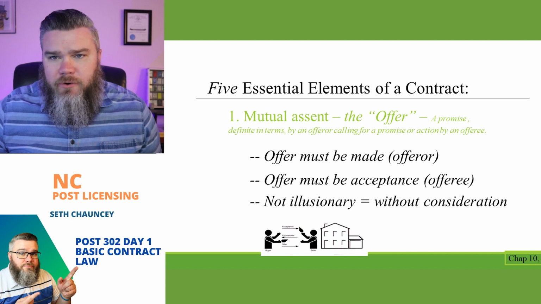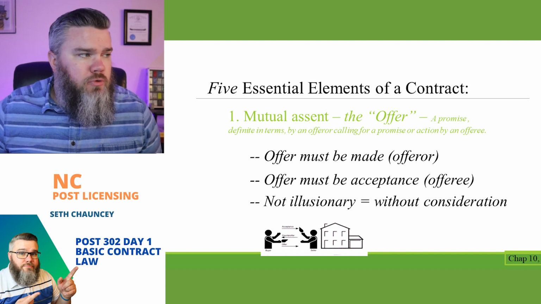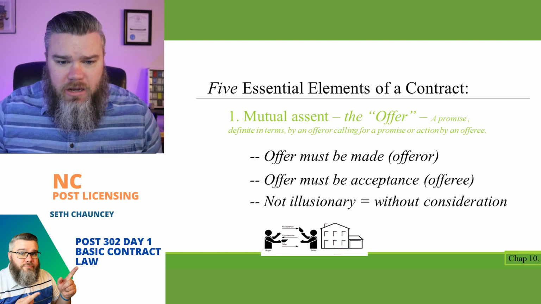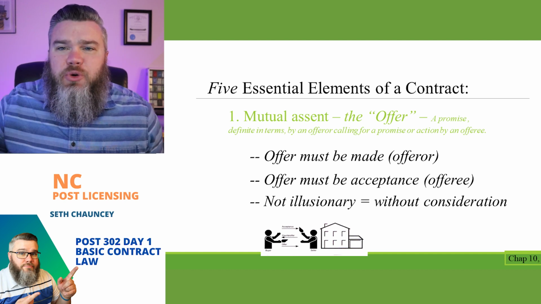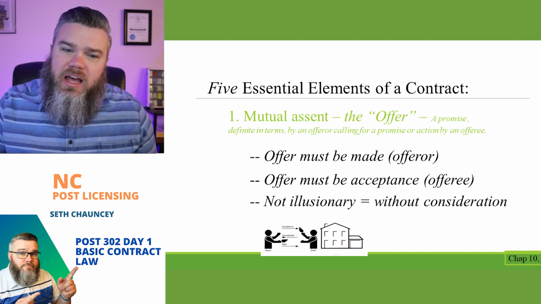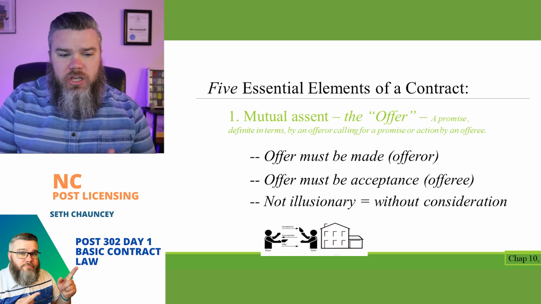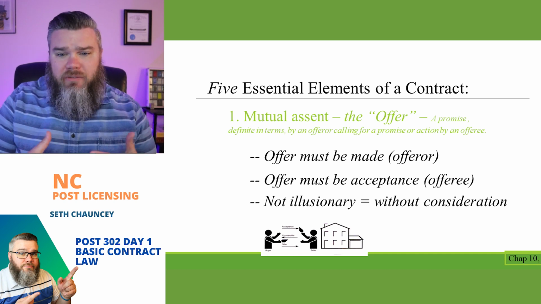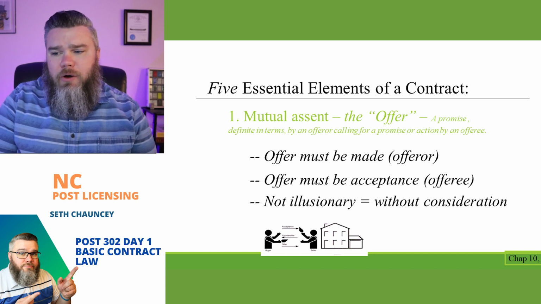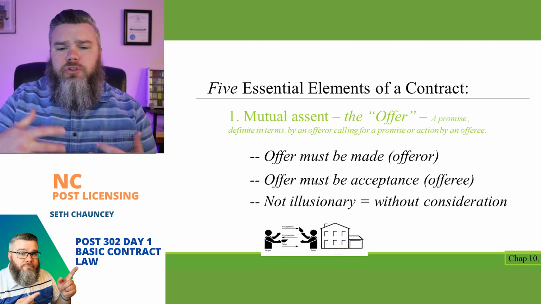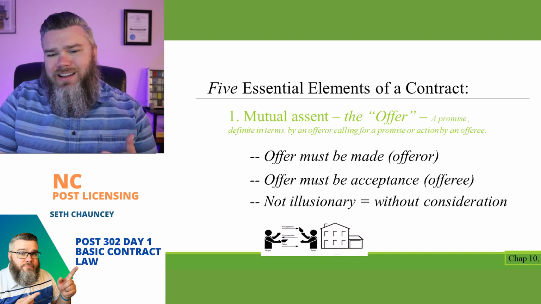So if I was to offer to buy your house for 100 million Shiba Inu, that sounds like I'm paying you a lot of money. That's like $7.50. If I'm being completely honest, it's like $3.50. It is not a lot of money. We cannot try to trick you into entering a contract by making it sound like we're giving you something of value when we're not. That would be what we call illusory or illusionary, lacking consideration. So there has to be actual consideration.